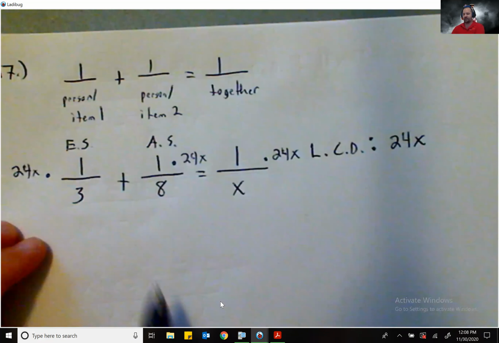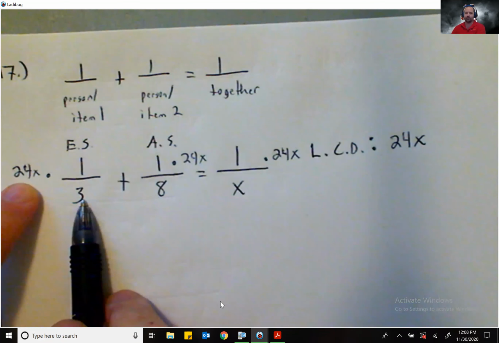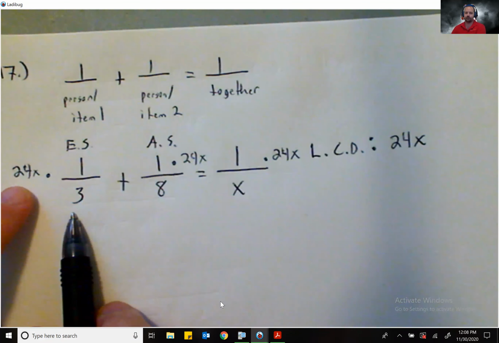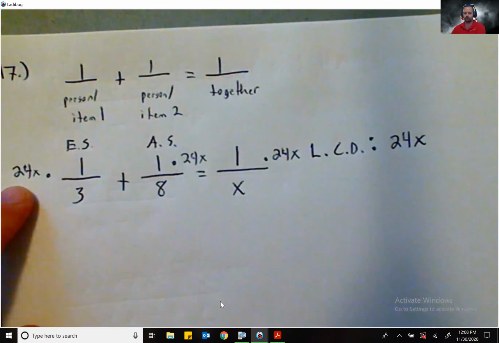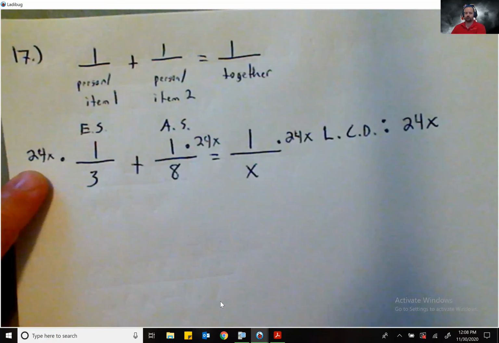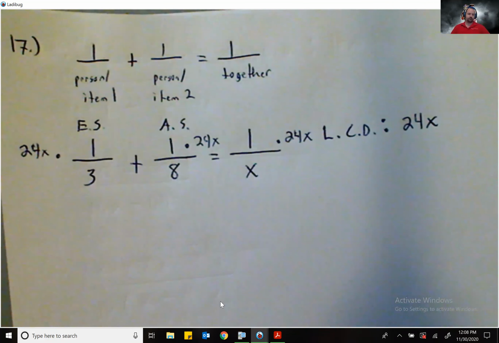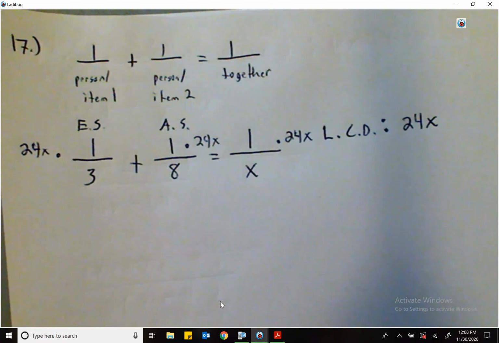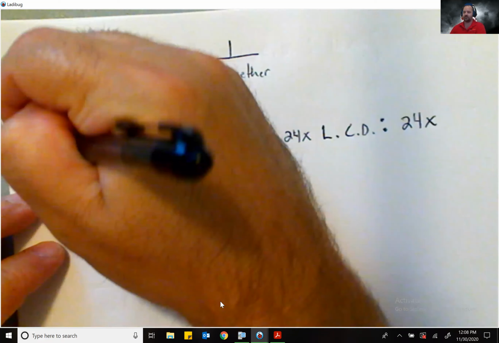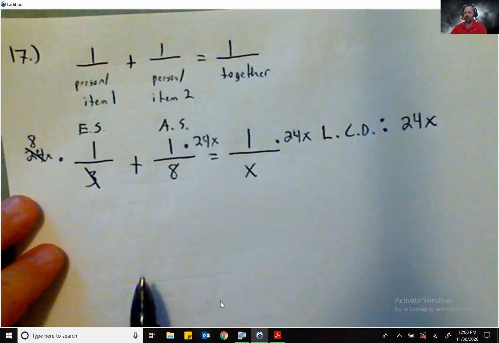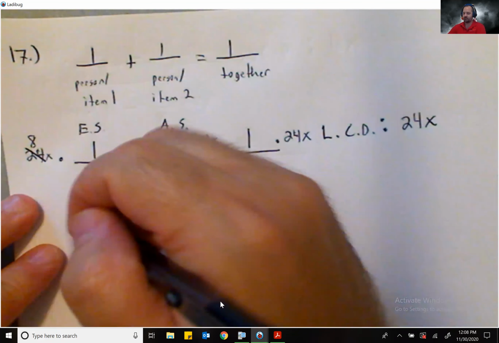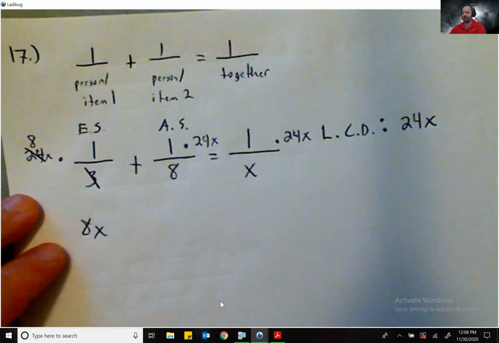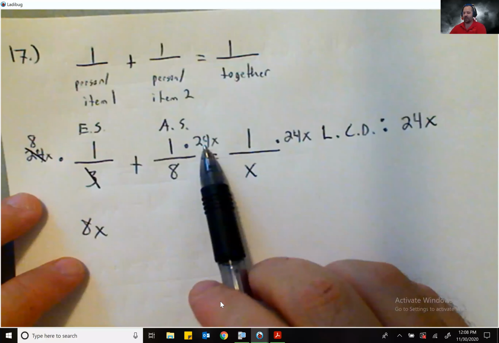So what's going to happen between the 24x and the 3? The 3 goes away, the 24 becomes 8, so 8 times x is 8x. What's going to happen between the 24x and the 8?